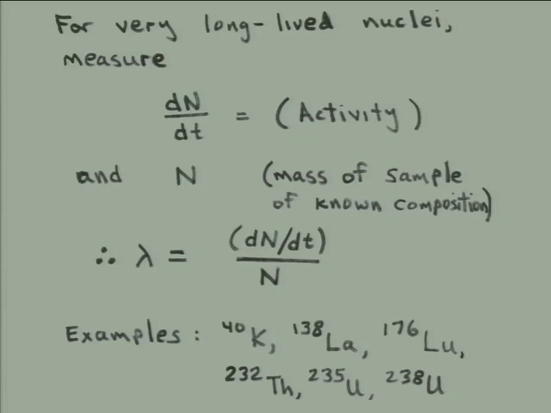And what that means is that over the time interval I'm going to measure, okay, which means minutes, hours, or maybe days if I'm really patient, those time scales are incredibly short compared to the half-life of these guys. So what that means is that really very, very few of the nuclei that I measure will undergo decay.